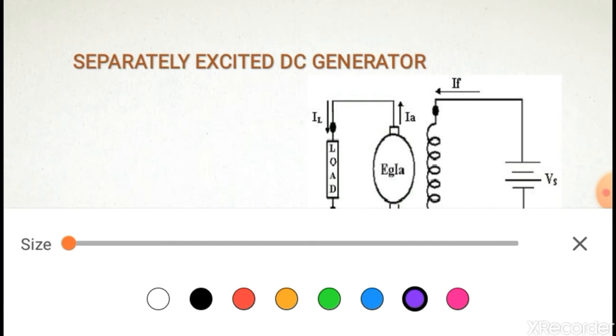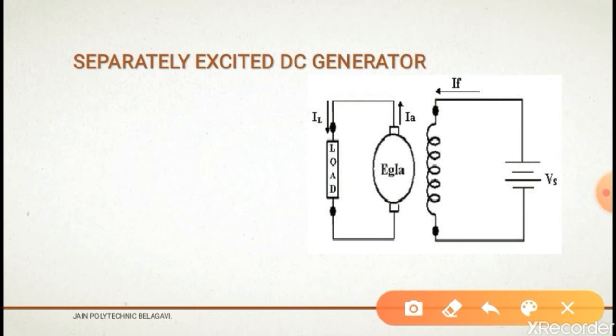The circuit diagram shows how this separately excited DC generator is connected. Here we have the armature winding and the field windings.